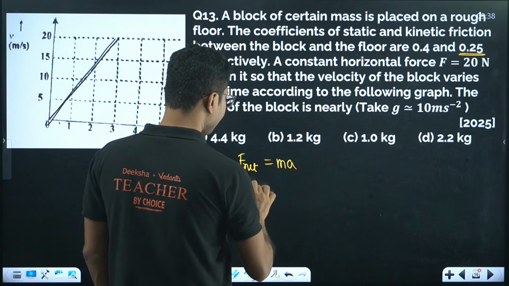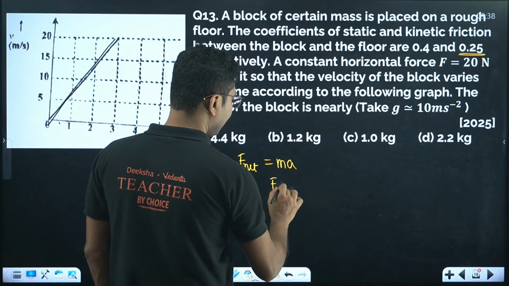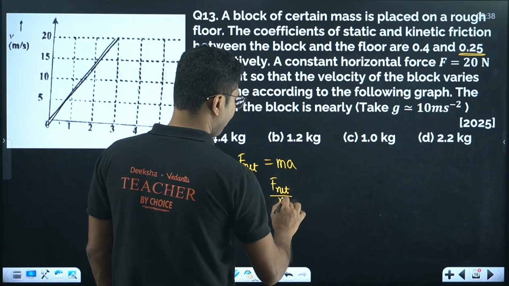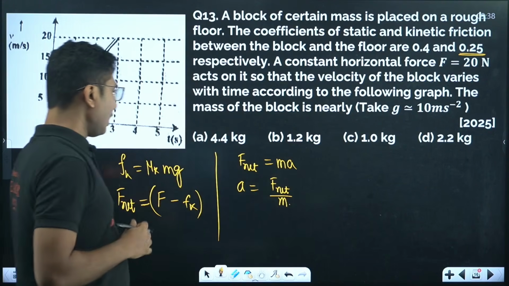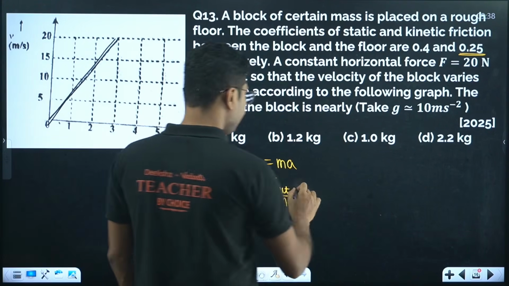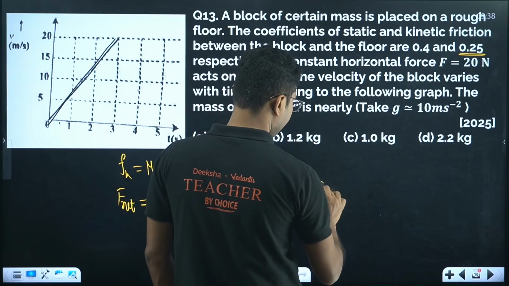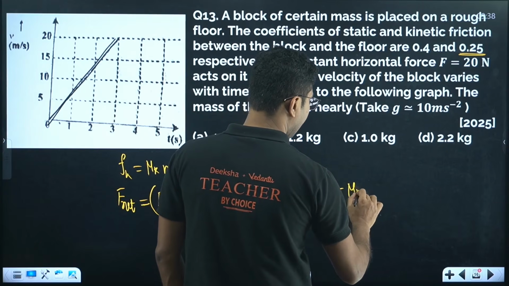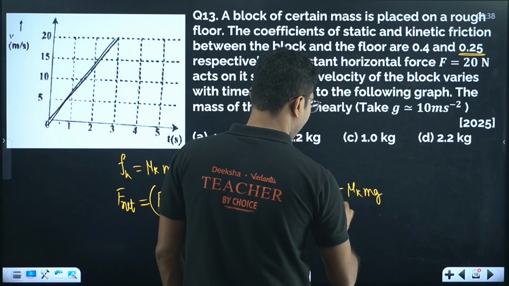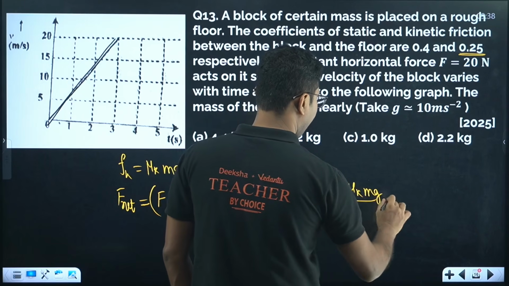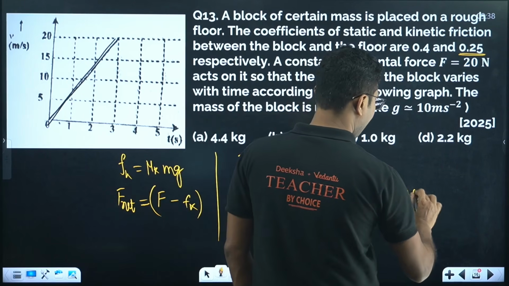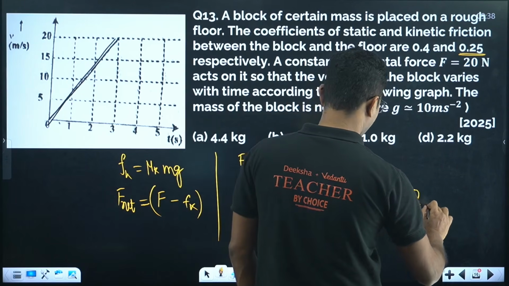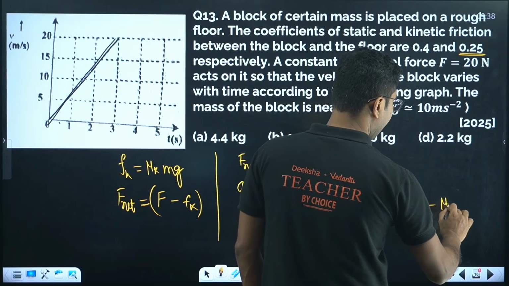So acceleration will be equal to F net by m, or let's put the values: (20 minus mu k mg) by m, that is 20 by m minus mu k into g.